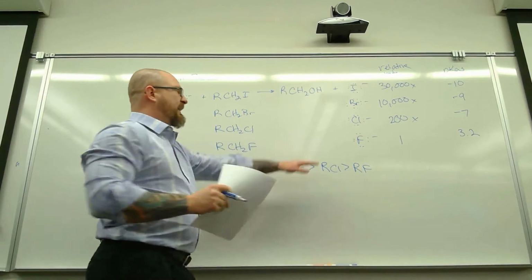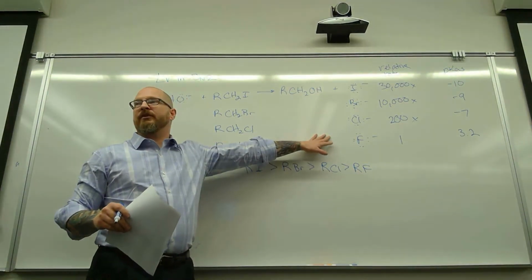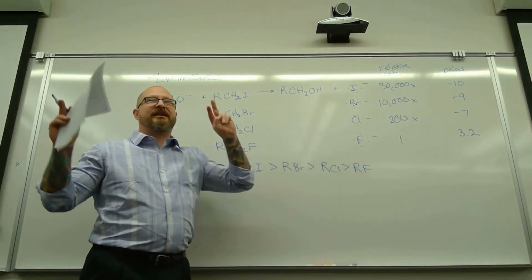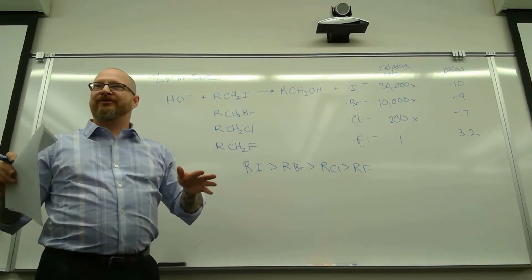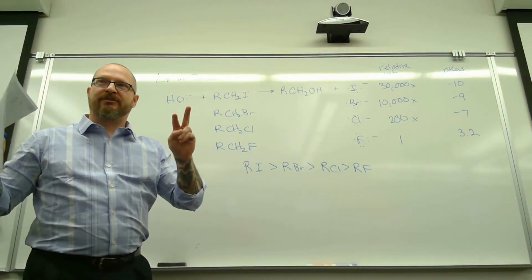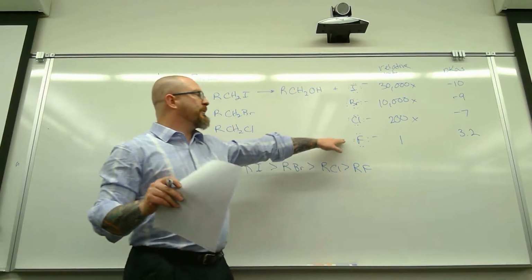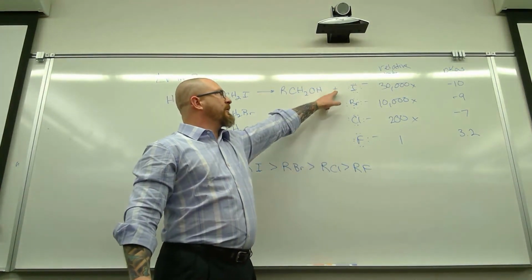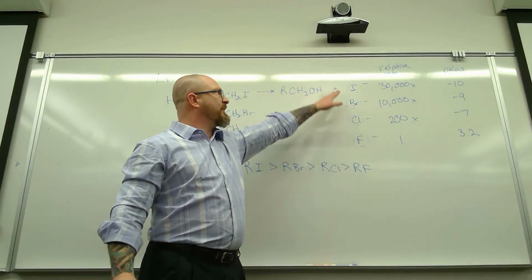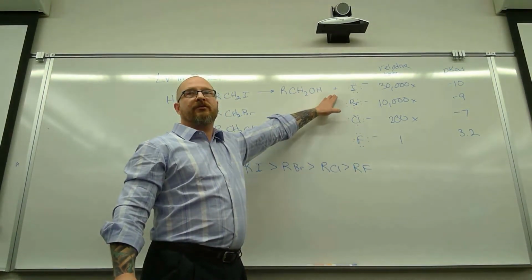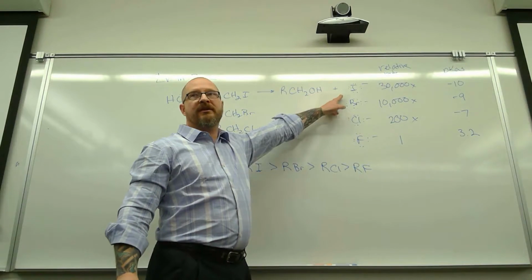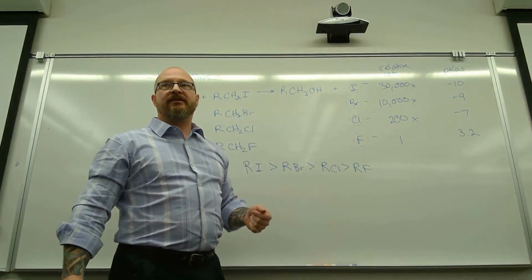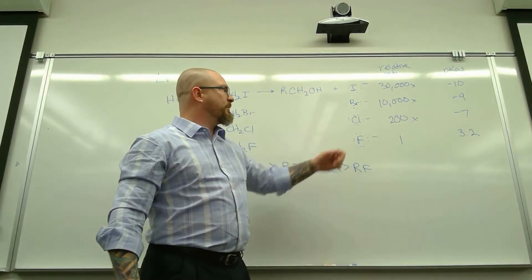Remember, hydrofluoric acid isn't technically a strong acid, even though it's a pretty strong acid. It doesn't fully dissociate, so it's not a classic strong acid. So this is our weakest acid. This is our strongest acid, HI, which makes this the weakest base. And this is the strongest base.